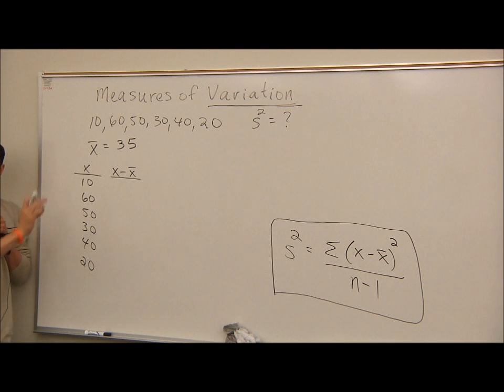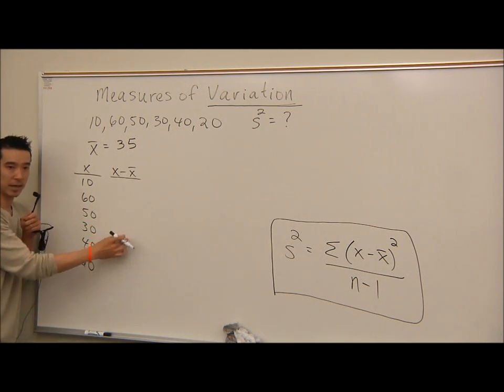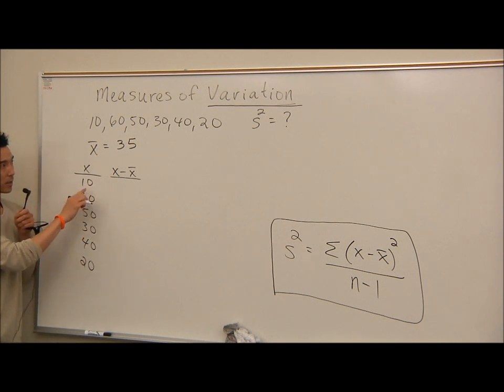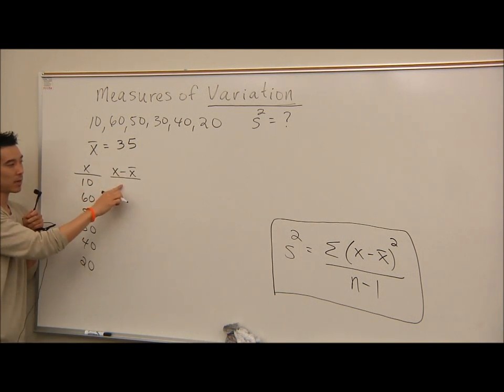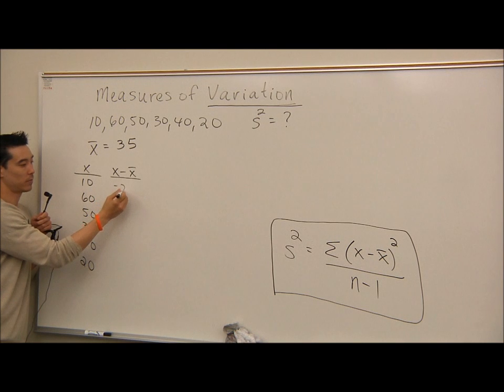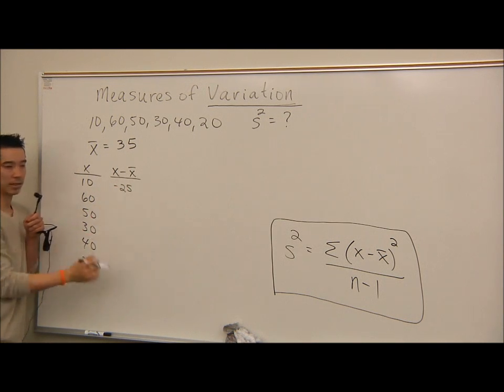I'm going to go to each x value and subtract x bar, which is 35. Is everybody with me on that? You're going to get some negative numbers, some positive numbers, but we're just going to list these out. For instance, what is 10 minus 35 going to be? Negative 25. Great. And then start listing out the rest of them.